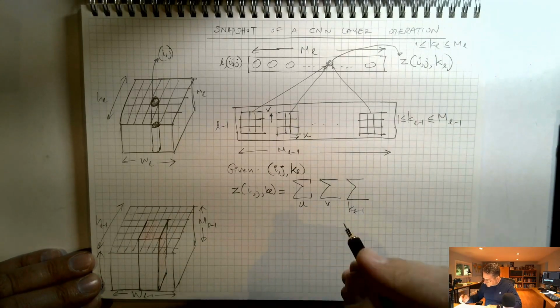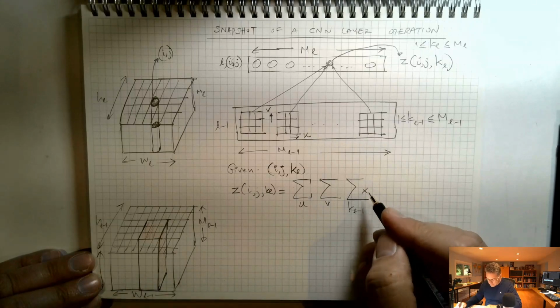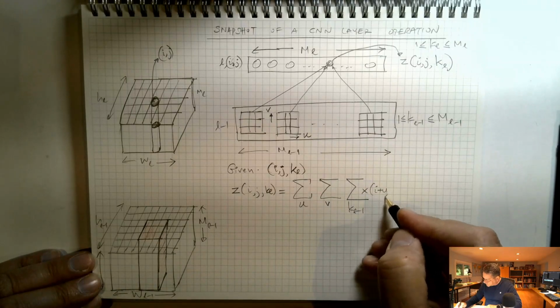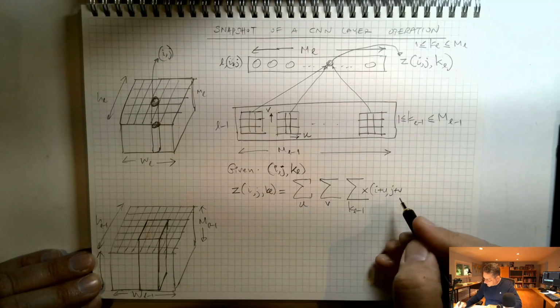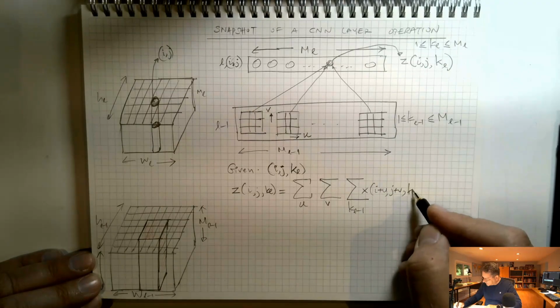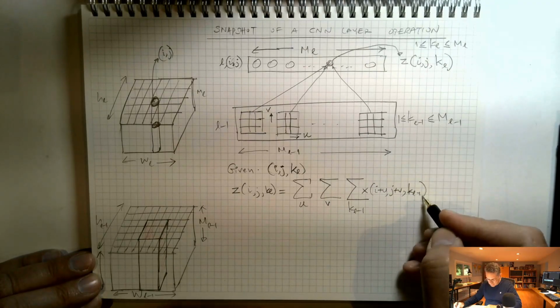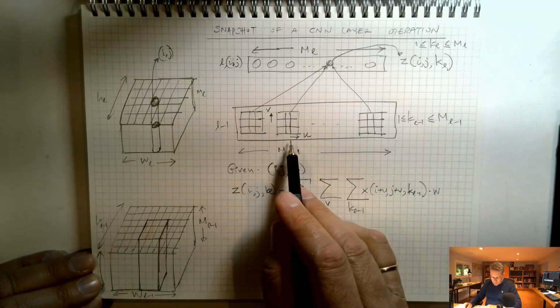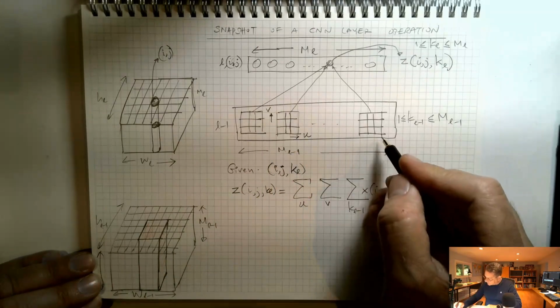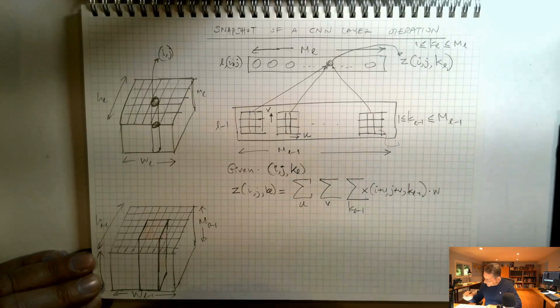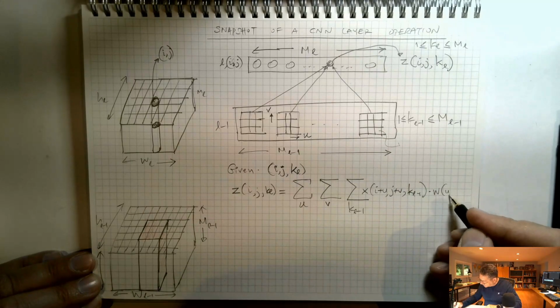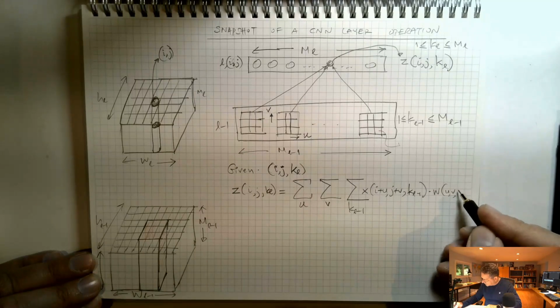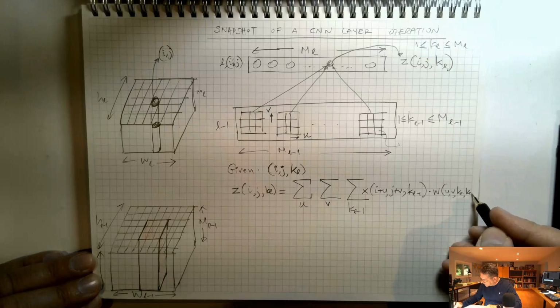So what is this correlation? It will be X of i plus u, j plus v, comma, k_(l-1), times W, where W now are the contents of the kernel, which has u comma v comma k_l comma k_(l-1).